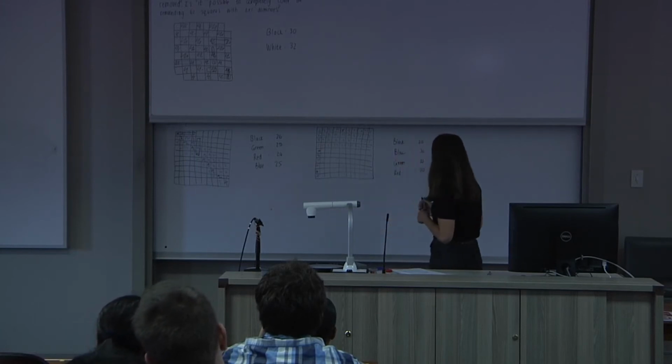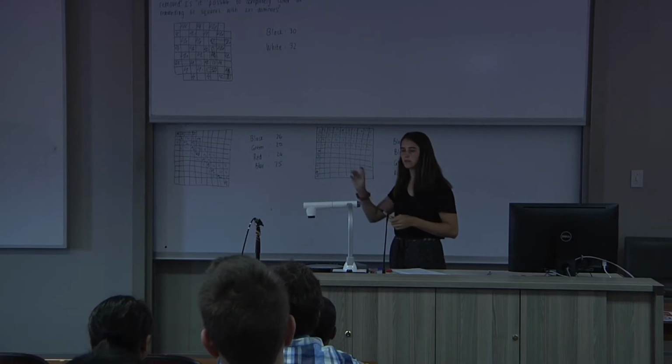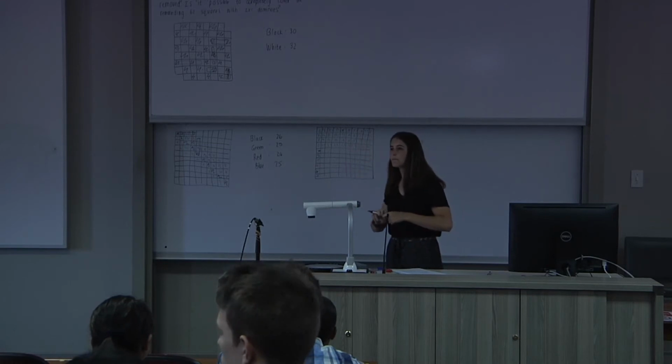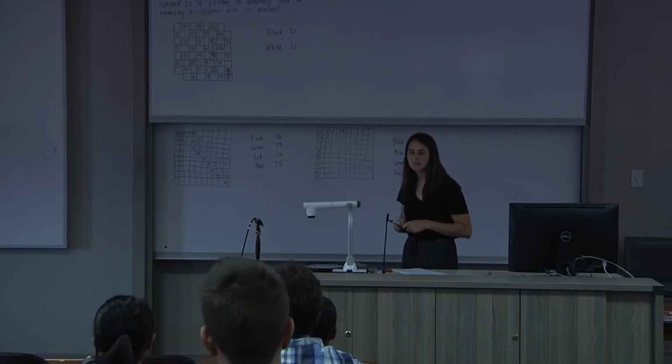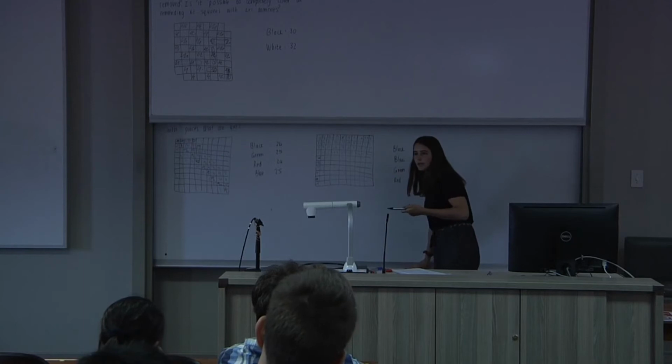Okay, so are you familiar with mods, modular arithmetic, in any sense? Who has seen it before? Okay, a few guys. So the idea of modular arithmetic is that you divide it by a number, and then you see what is the remainder after you divide it by the number.